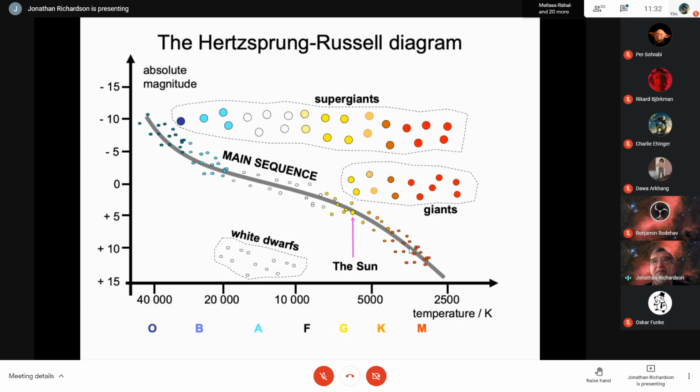There's, for example, some fairly obvious stars that are missing, or say stars' ends that are missing, neutron stars and black holes. Well, black holes, very simple reason why we don't see them. They are black and they are not visible. So we have no magnitude for a black hole.